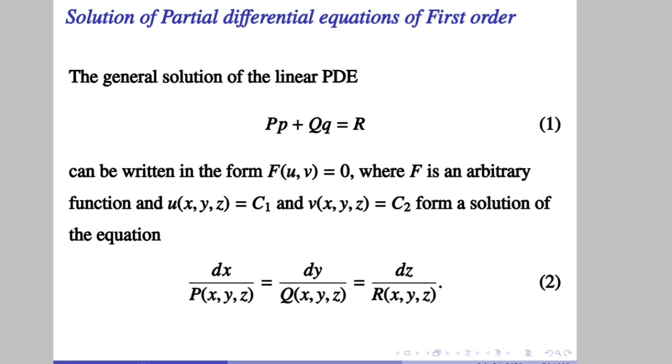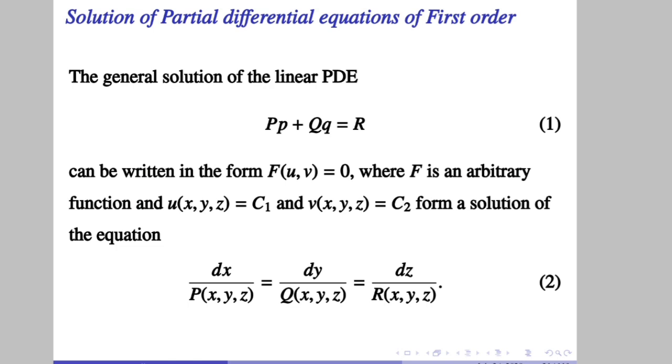In the formation of PDE, we get f of u comma v is equal to 0, and from that we get an equation, a partial differential equation of the form Pp plus Qq is equal to R. In the other way, for Pp plus Qq equal to R, we get the solution as f of u comma v is equal to 0.